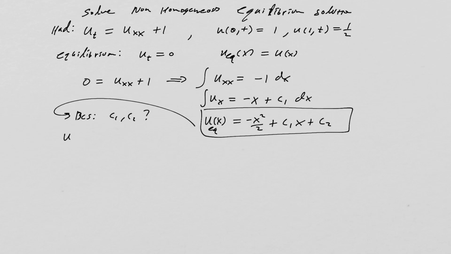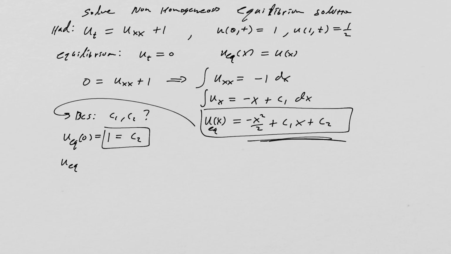All right, so u_eq of 0 is going to be equal to 1, which is equal to, well, now we have to evaluate our equilibrium solution at 0, so we're going to get c2. Okay, so that's just plugging in x equals 0 everywhere.